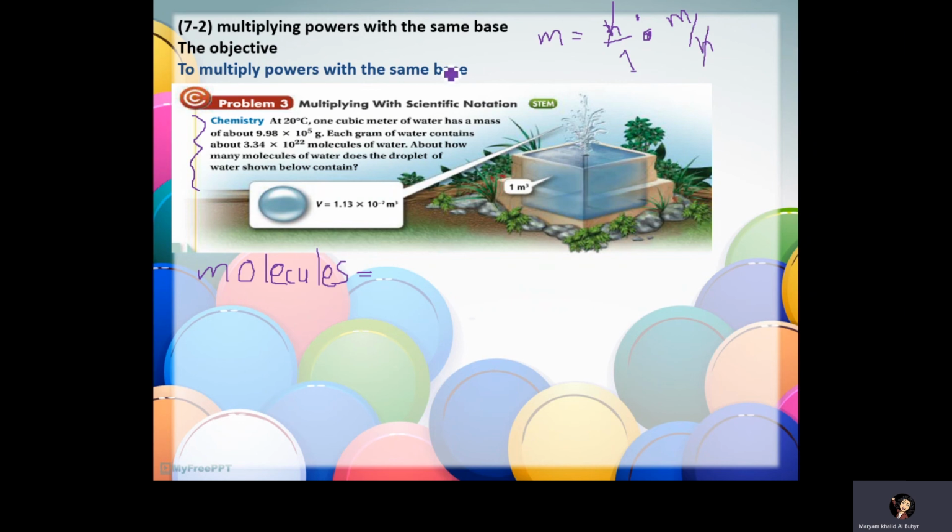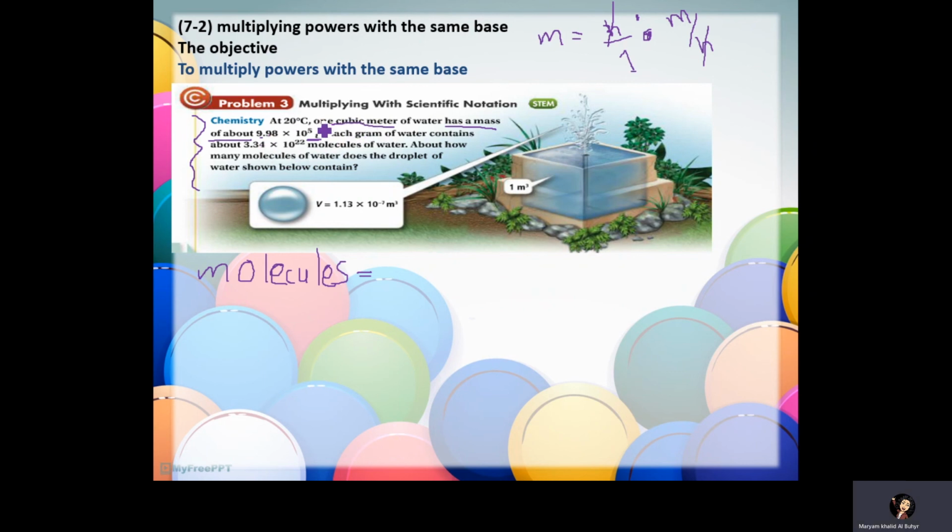So the first one, they gave me 1 cubic meter of water. It has a mass of 9.98 times 10 to the power 5 gram. How can I write this? 9.98 times 10 to the power 5 gram, that's per 1 cubic meter.